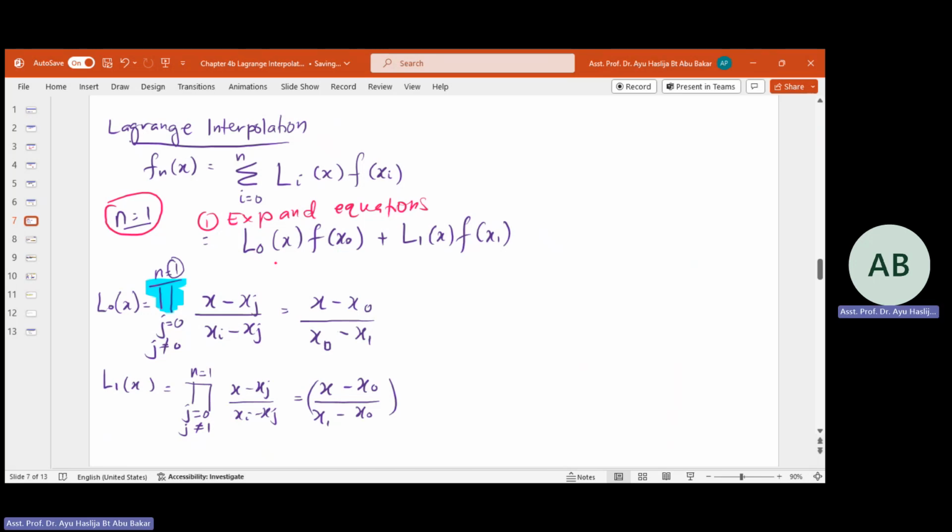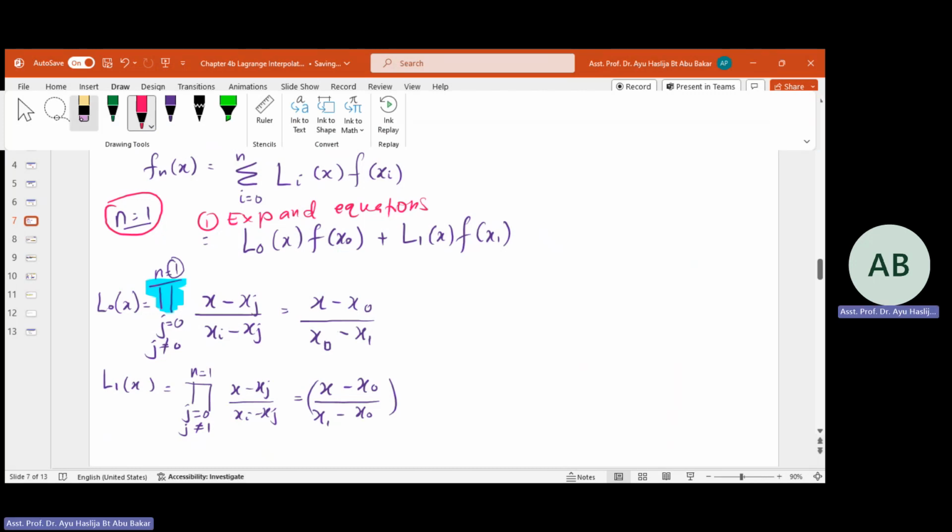Okay, so from there, find your L0, where the product of L0 of x. So j must start from 0, so x minus x0. So this one is x1, should not be x0.